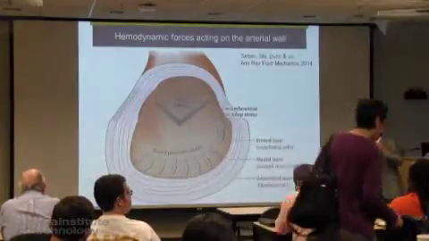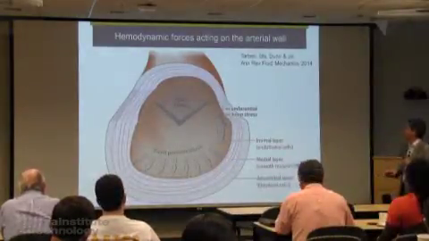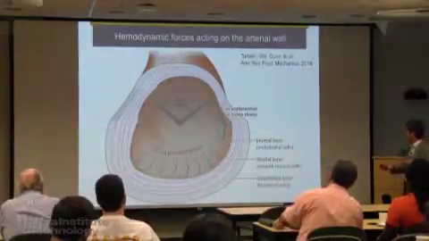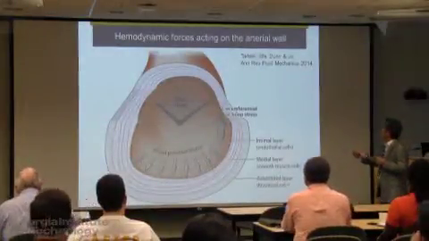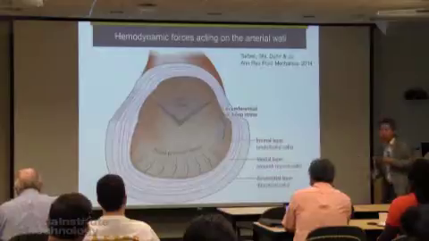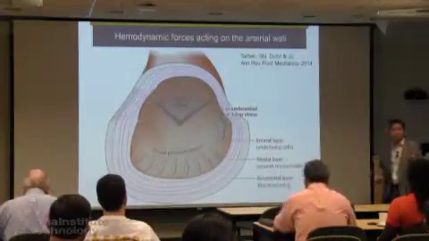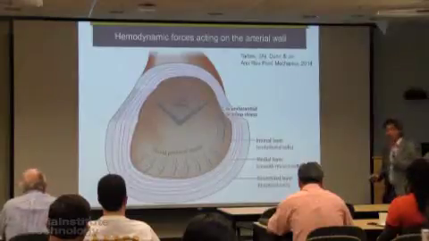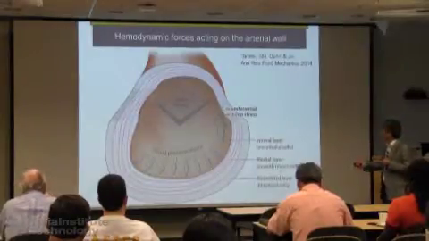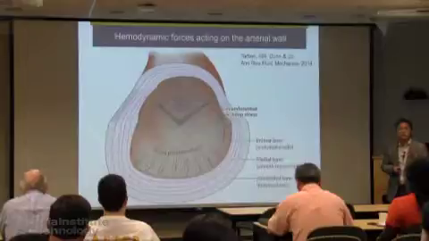So before I go further, I'll just give you one more introduction to the talk. So again, endothelial cells, this shows the arterial wall, and within the arterial wall there are two major mechanical forces. One is blood pressure caused by the volume of the blood, and the other force that is well known is shear stress.